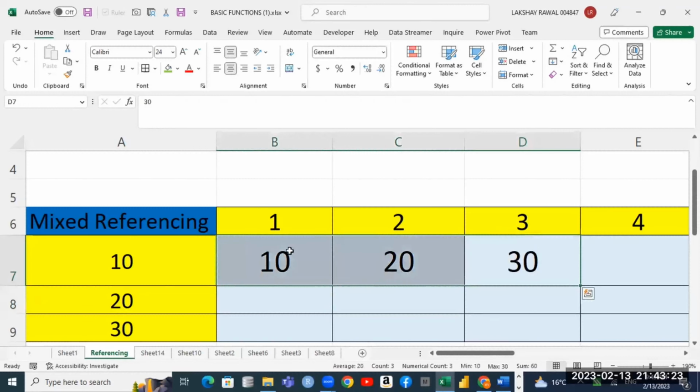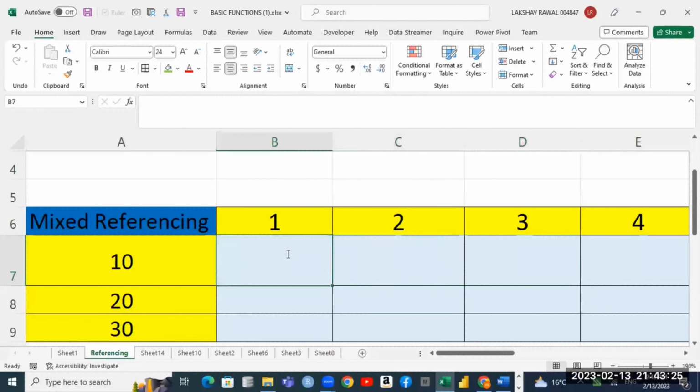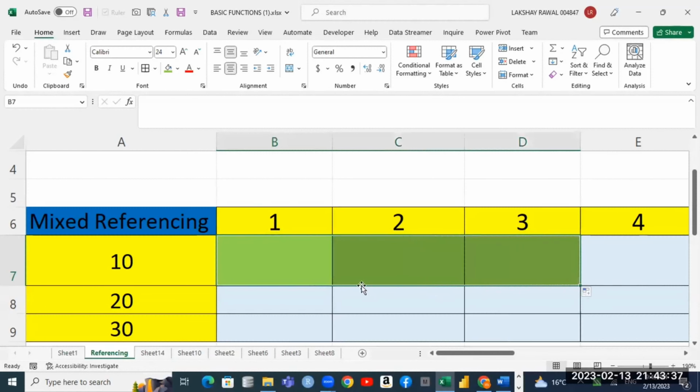You have to write a formula only in this green cell, not any other cell. You have to just drag the formula like this, here as well as downwards.